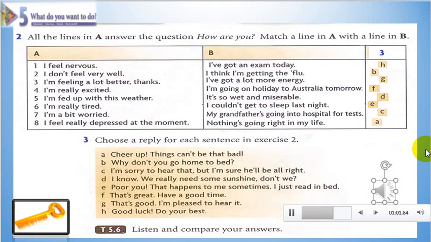I just read in bed. 7. I'm a bit worried. My grandfather's going into hospital for tests. I'm sorry to hear that, but I'm sure he'll be all right. 8. I feel really depressed at the moment. Nothing's going right in my life. Oh, cheer up. Things can't be that bad.